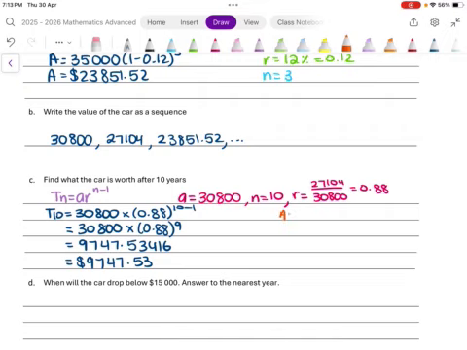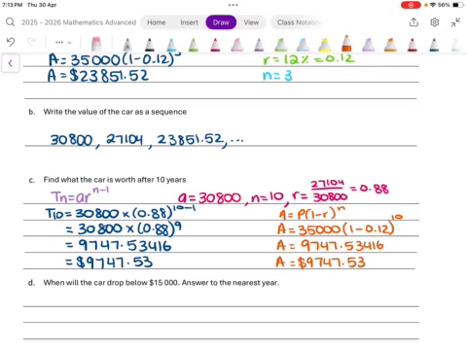If we were to use the formula, it would be A equals P lots of 1 minus R to the power of N. It'd be A equals our 35,000 still, because that was the initial value of the car, 1 minus 0.12 to the power of 10, which then gets us 9747.53416. A equals $9,747.53.